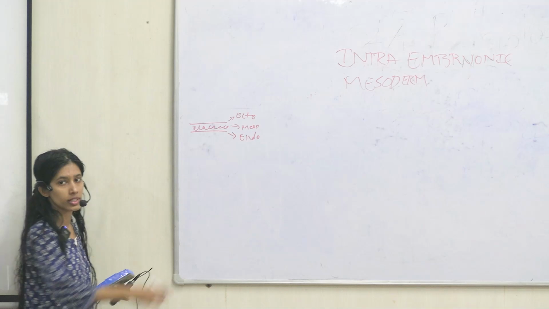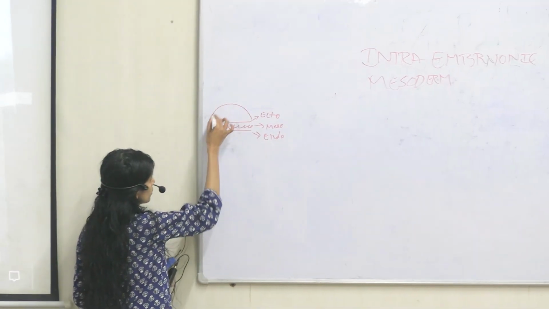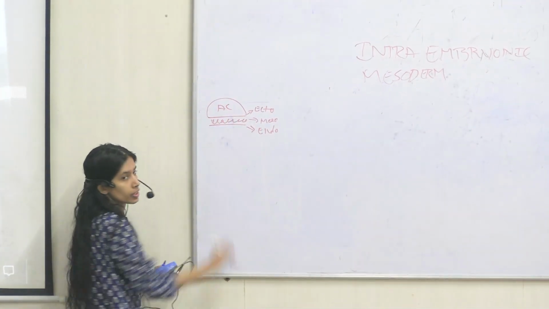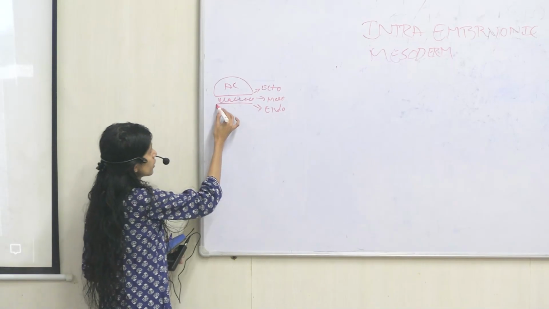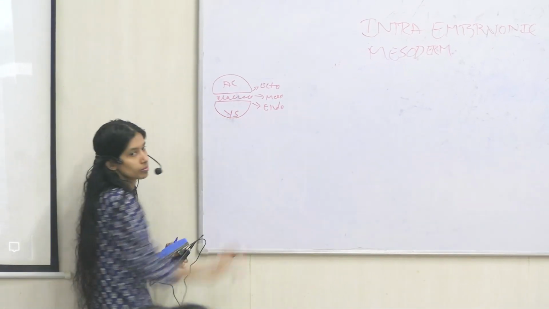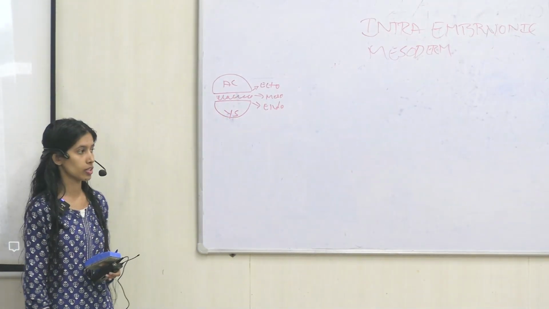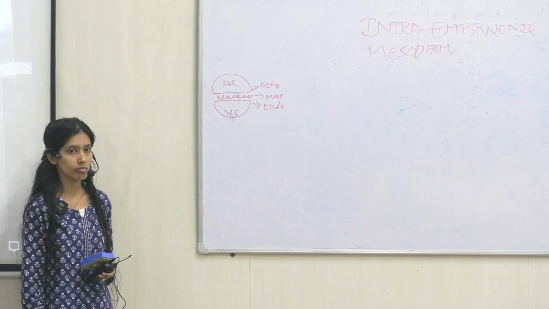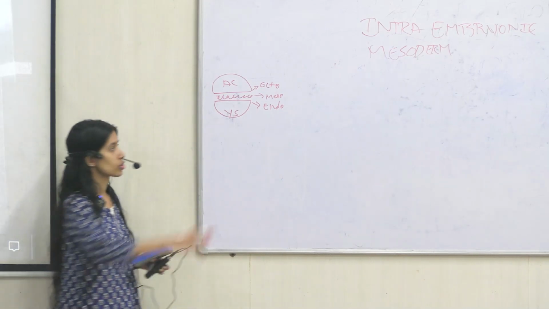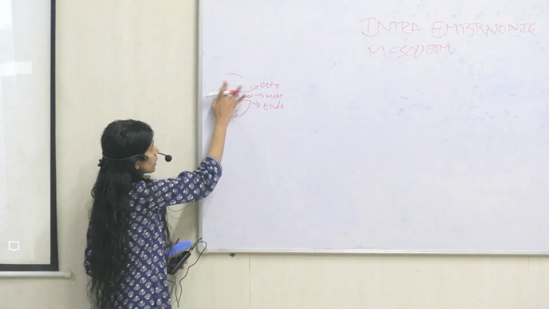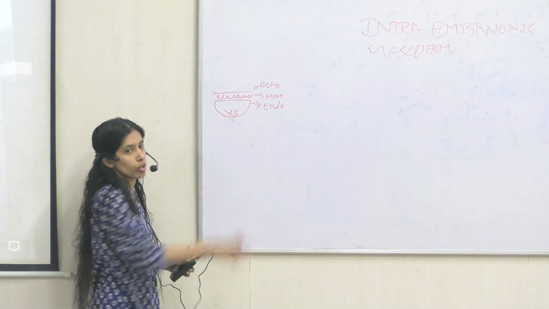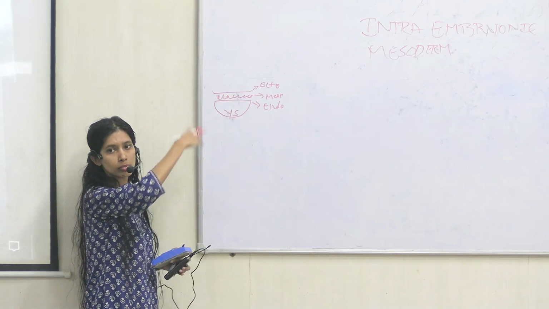Okay, so on either side here we are going to have the amniotic cavity, on the downside we have the yolk sac. Okay, this is the structure. Now imagine I am removing this amniotic cavity completely and watching the structure from above, from the top view.